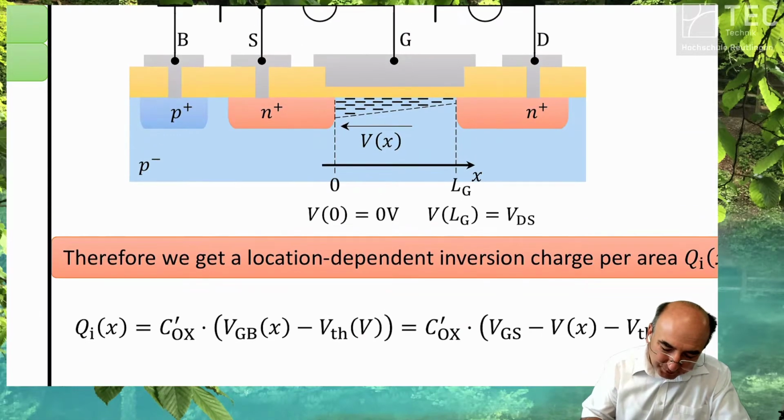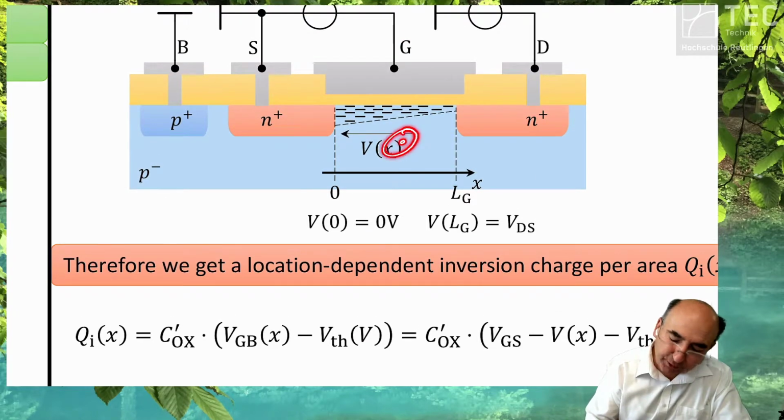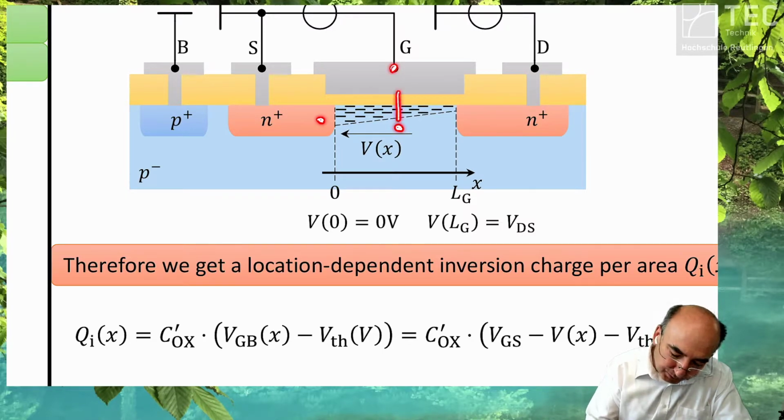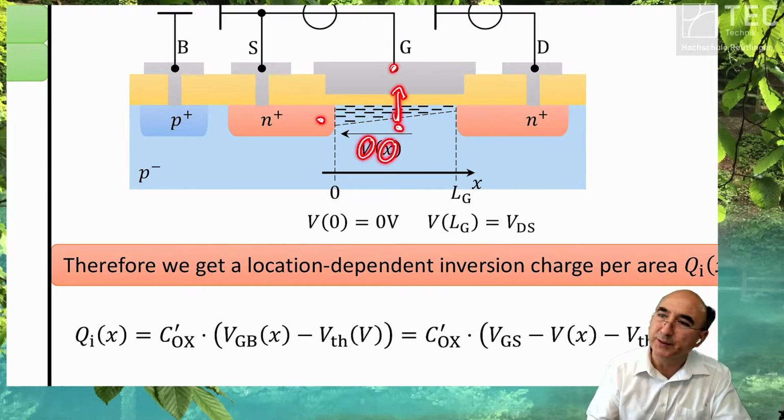If you change this potential here, you change the threshold voltage because the voltage you have to apply changes if this potential changes. Therefore, your threshold voltage itself is voltage dependent and therefore also location dependent.